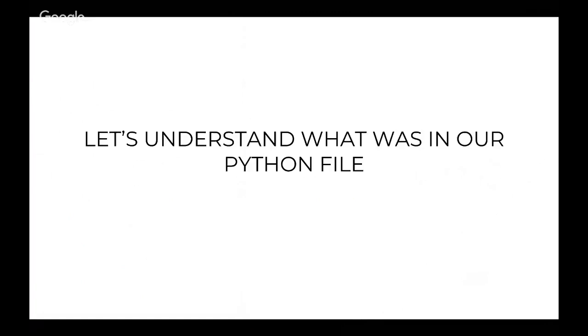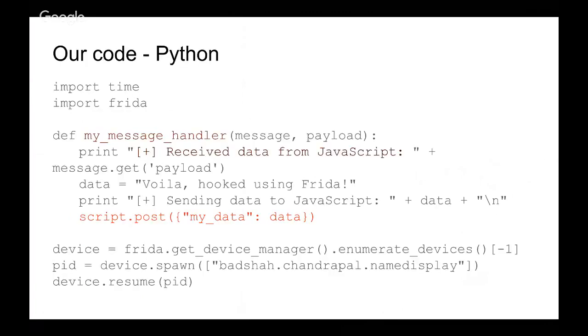Let's understand what exactly was in our Python file. We saw import time and Frida. Let's see how our message handler works. We have two arguments being passed: message and payload. You receive the data from JavaScript. Message dot get the payload. The data is what we are trying to send, which is "hooked using Frida".